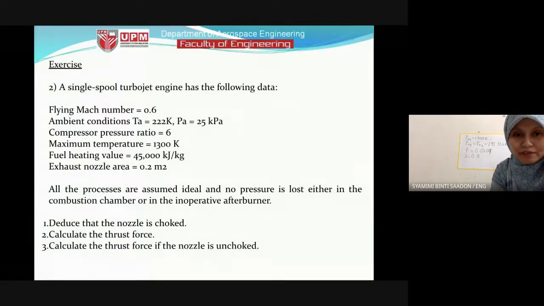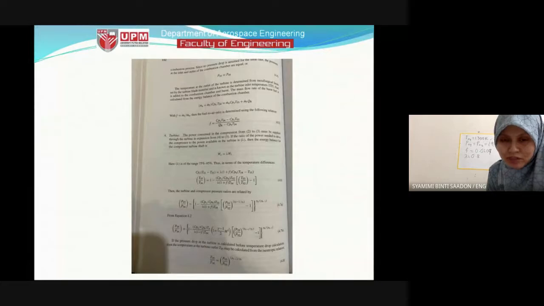So 0.5. The same step as just now for 0.5, use this one. Same steps. So we have T5, same equation, 1105 Kelvin.